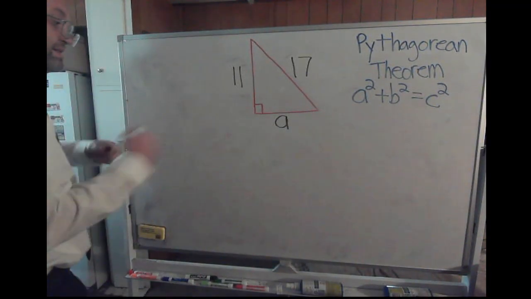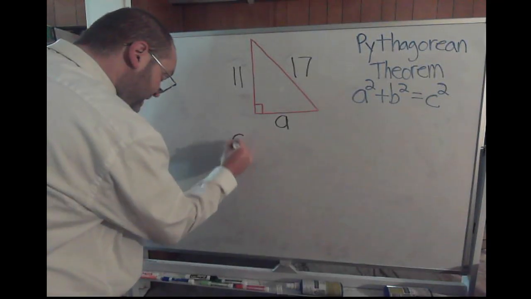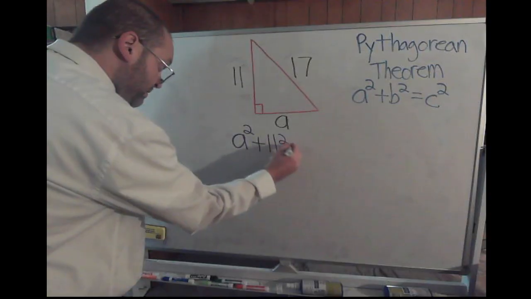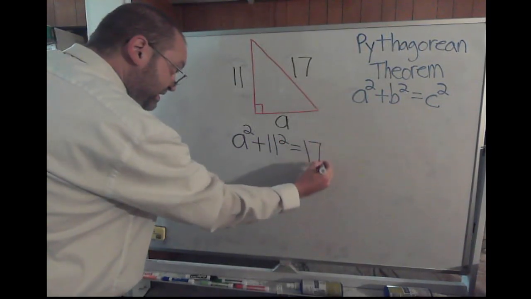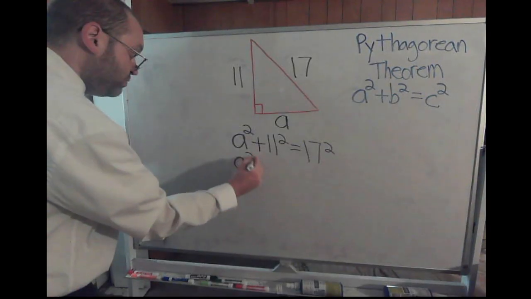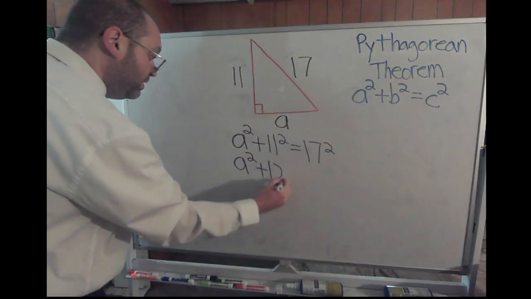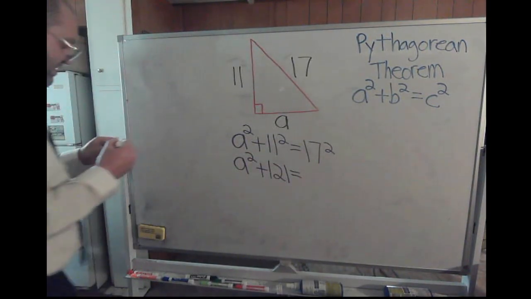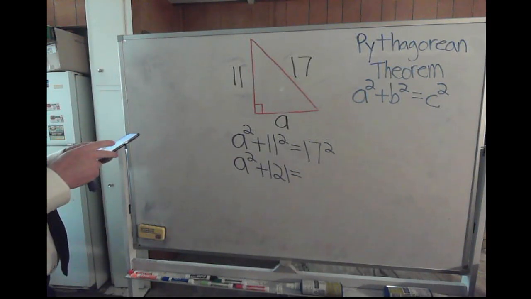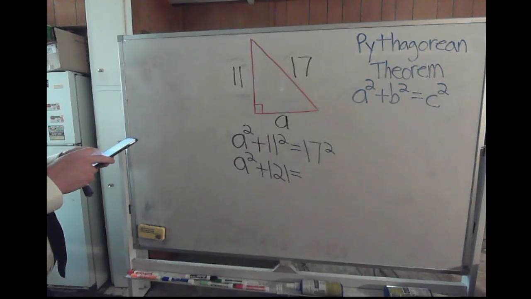Again, same process. So we're going to take A squared plus 11 squared, set that equal to 17 squared. Well, then we'll have A squared plus 121. I think 17 squared's 289. Don't quote me on that yet. I'm pretty sure it is, though.